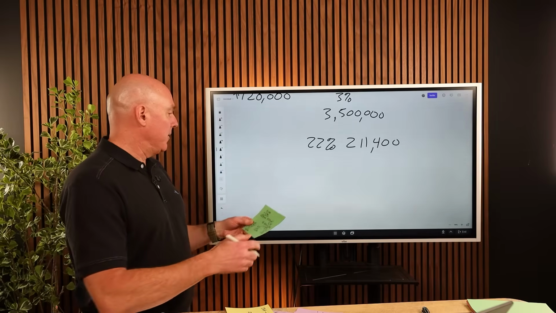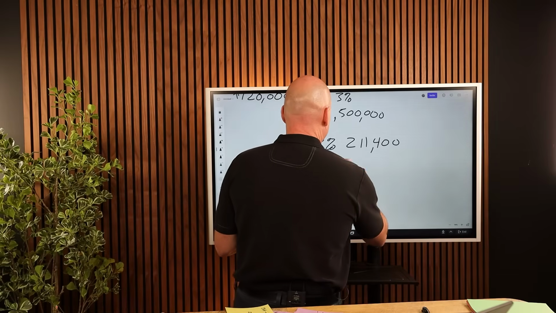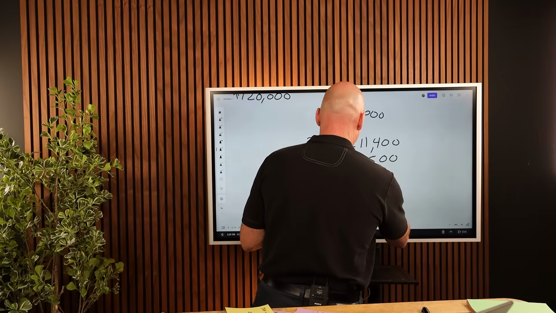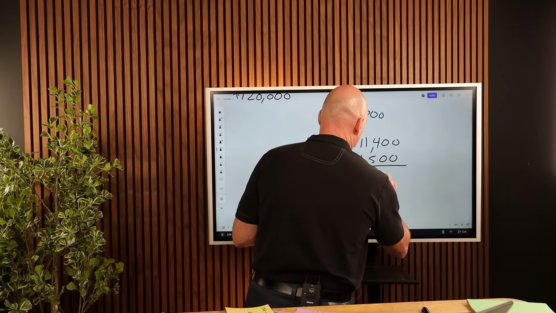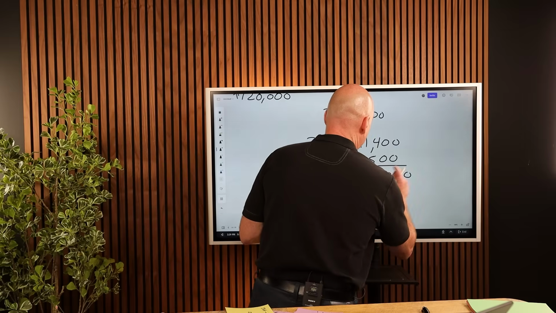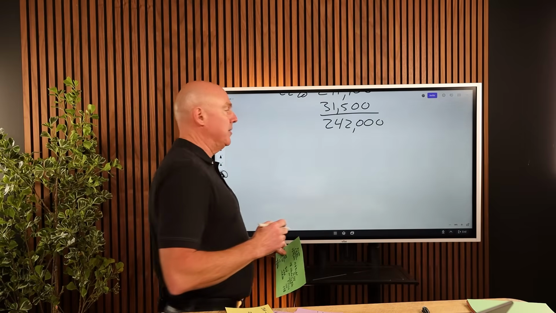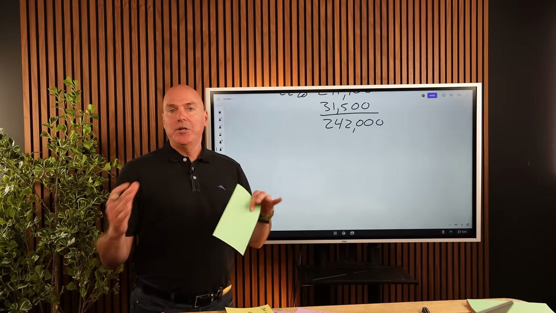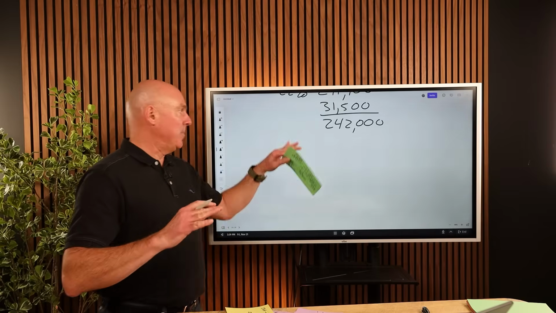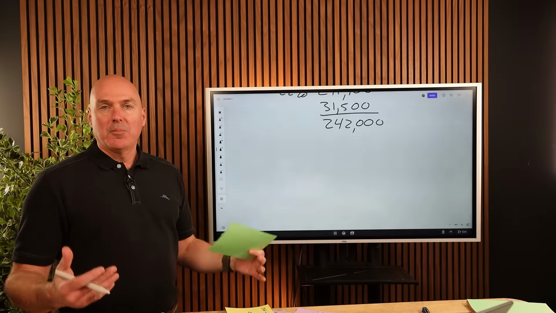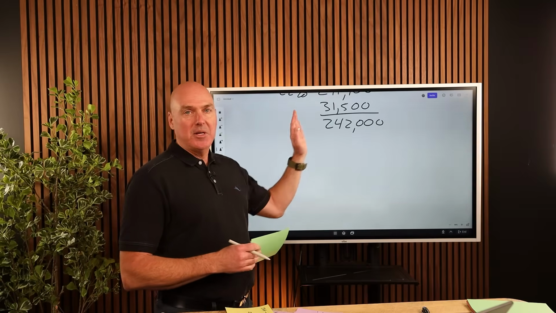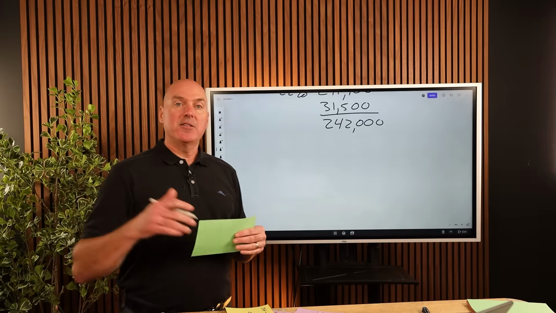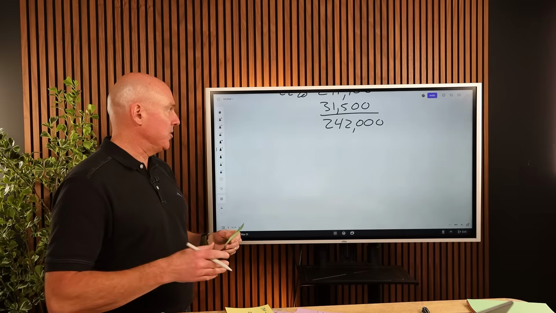So when we do that, we can basically take this $211,000. We know we're going to get that standard deduction of $31,500. So we can have actually $242,000 worth of a withdrawal from that traditional retirement account and still be in that 22% tax bracket. Here, we don't have to be quite as careful about going over. If we go over by $5, it's only going to be on that extra $5 that we were over the limit that would hit that next tax bracket, which would be the 24% tax bracket.